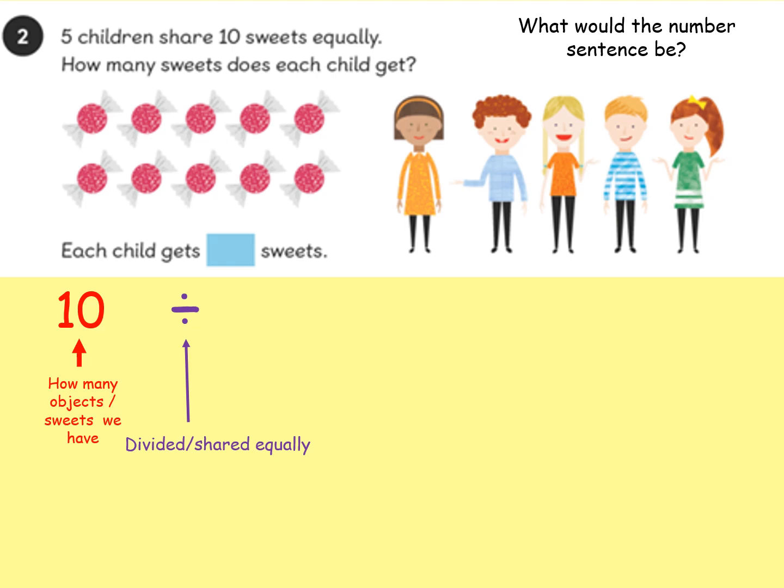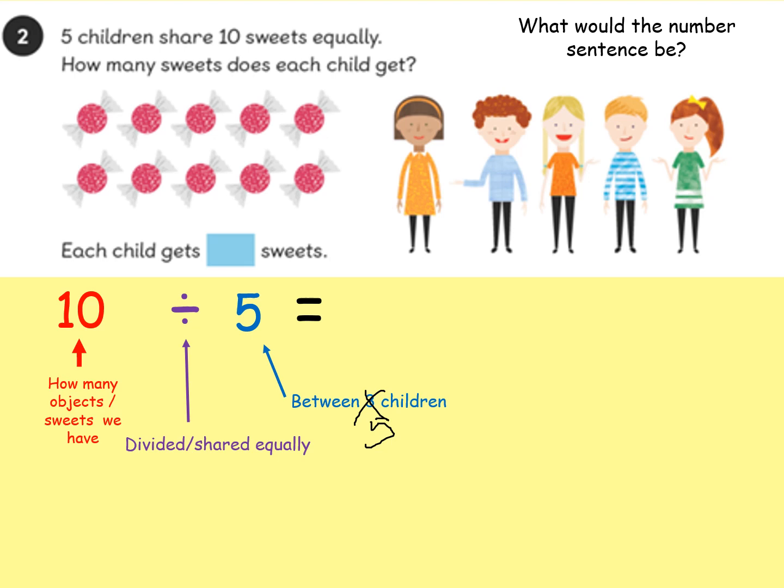So 10 shared between how many children? 5. And I know I've put 3 there, but you know it's 5. Between 5 children. Ignore my 3. We're sharing them between 5 children. I'm going to cross that out. It should be 5 because we're sharing them between 5 children.